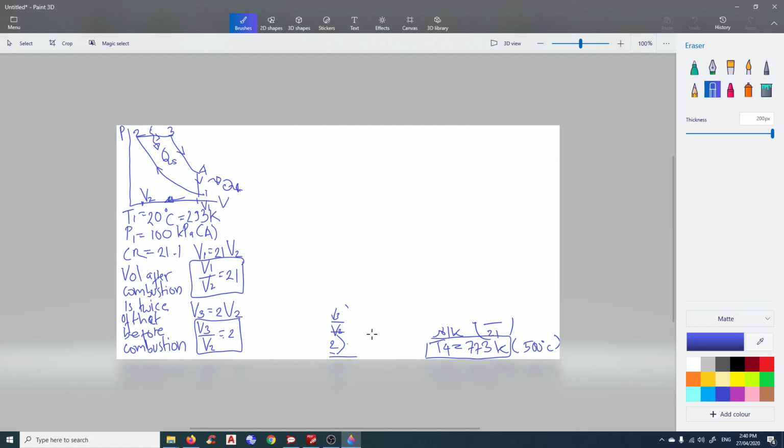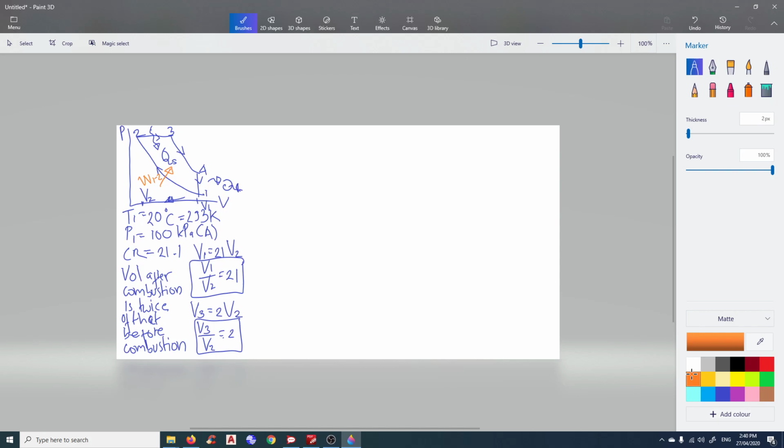So work in this case being done here from 1 to 2, there is a work input. 3 to 4, there is a work output. And 4 to 1, there is a work output too.